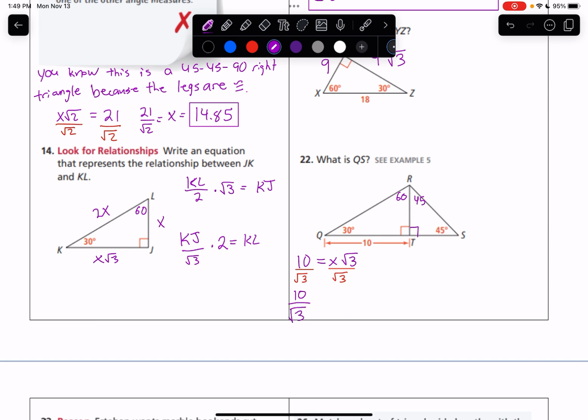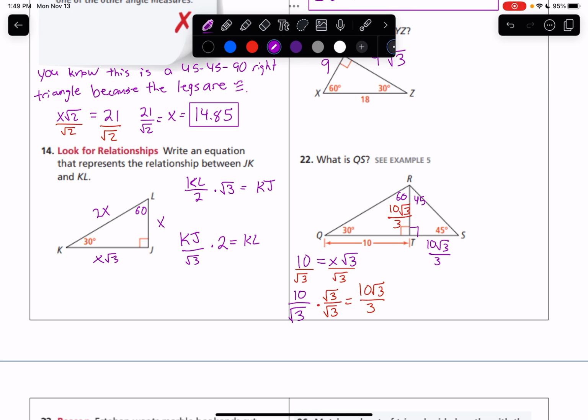But of course, we need to rationalize the denominator because that doesn't work. So we will multiply that by root 3 over root 3. And that is going to give us 10 root 3 over 3. So RT, the short side, is 10 root 3 over 3. And that means that TS, because this is a 45, 45, 90 right triangle, is also 10 root 3 over 3.